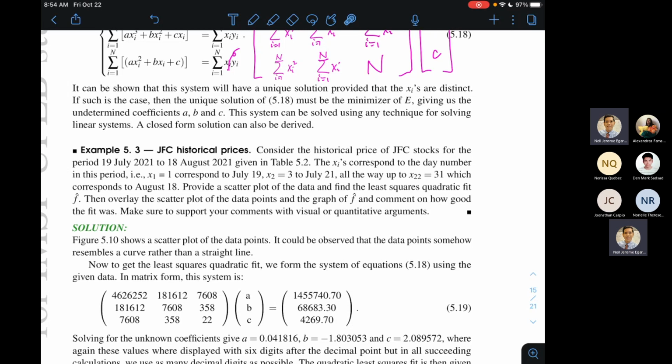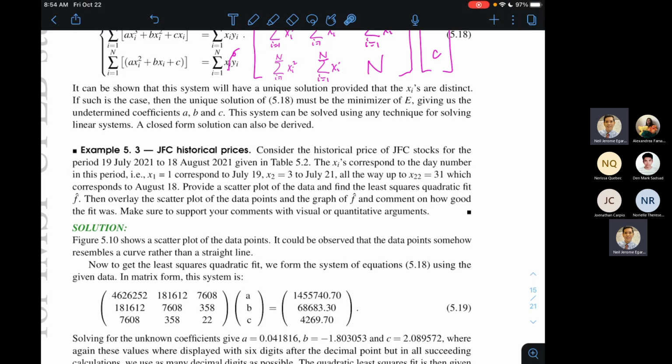For instance, July 19 is assigned x sub 1 equals 1. So yung data mamaya na makikita nyo, yung y sub 1, siya yung presyo ni Jollibee noong July 19. And then x sub 2, the second data point that you will see in the table, has x sub 2 equals 3, corresponding to July 21.